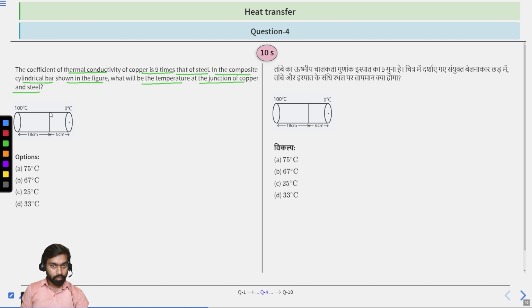Option A is 75 degrees Celsius, option B 67 degrees Celsius, option C 25 degrees Celsius, and option D 33 degrees Celsius. Which one is correct? You have 10 seconds to solve this question. After 10 seconds, we will provide the solution.